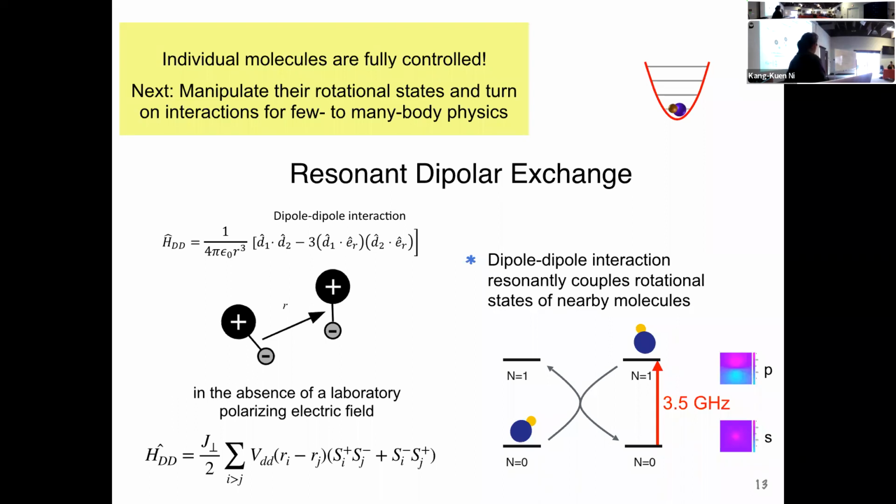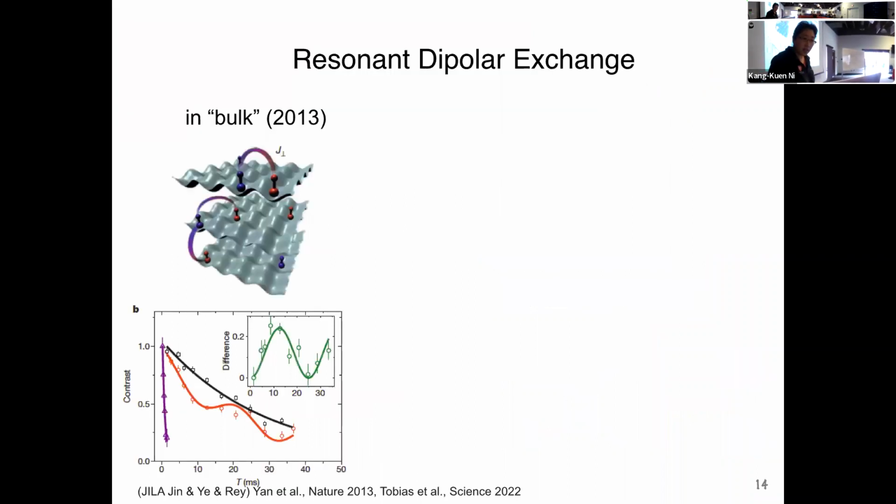Okay, and this energy level separation is on the order of gigahertz. Now, this resonant dipolar exchange interaction has been observed in molecules in a couple of different systems, and I'll go through them quickly.